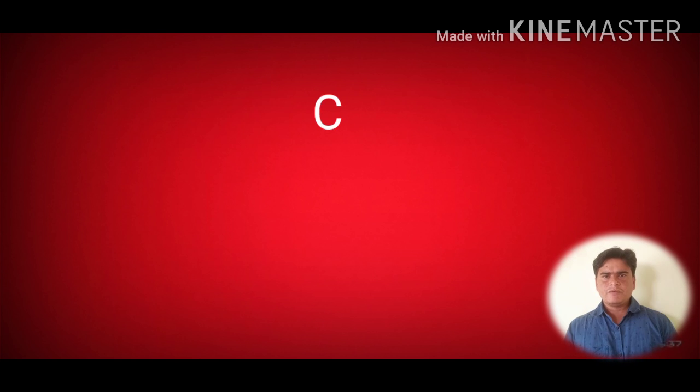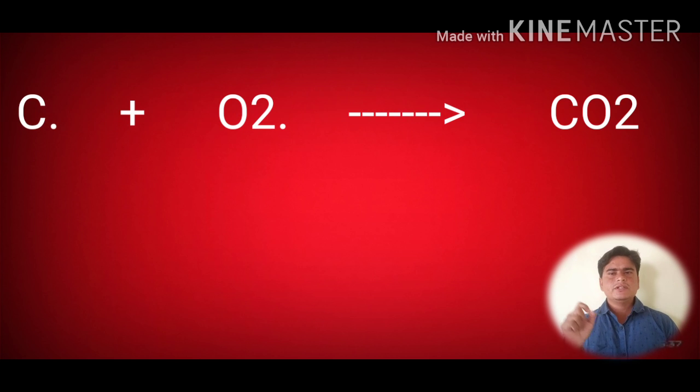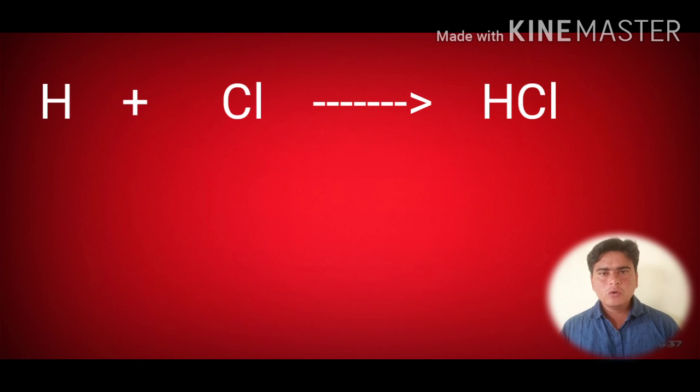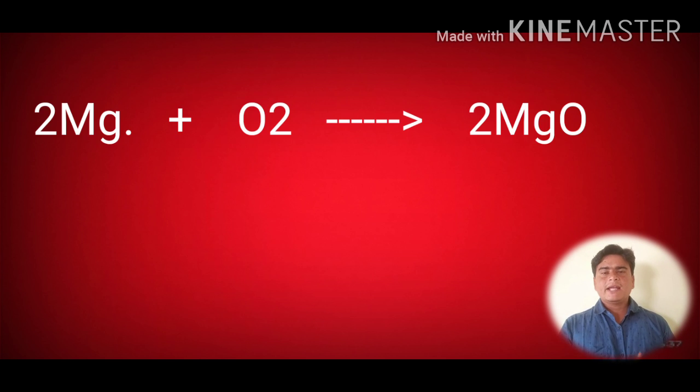That means when carbon reacts with oxygen, it gives carbon dioxide, and when hydrogen reacts with chlorine, it gives hydrochloric acid. Same in the case of magnesium. When magnesium reacts with oxygen, it gives magnesium oxide. So these are some examples of chemical reactions.